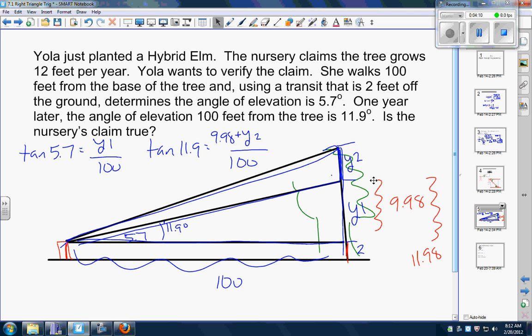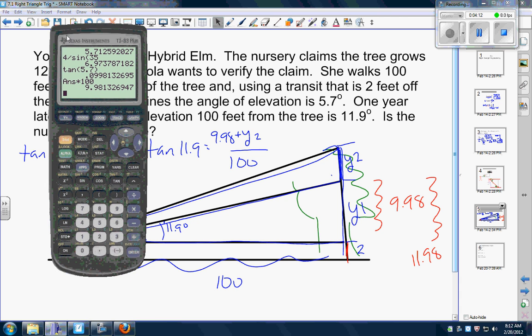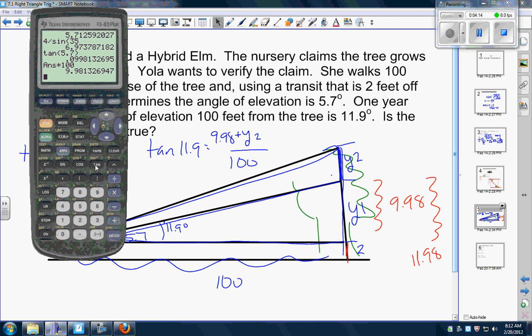So when we go to solve this guy, we're now going to take tangent of 11.9, multiply that guy by 100, subtract off the 9.98, okay?